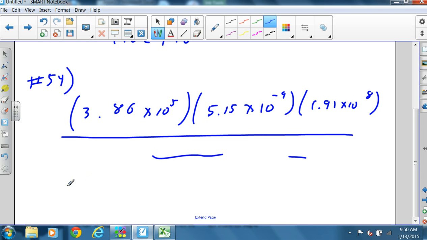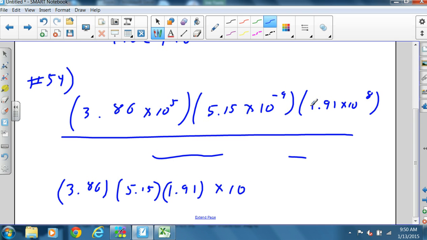So on the top I'd have 3.86, 5.15, 1.91, and then I'd say that's 10 to the minus 9, minus 1, 4th power.